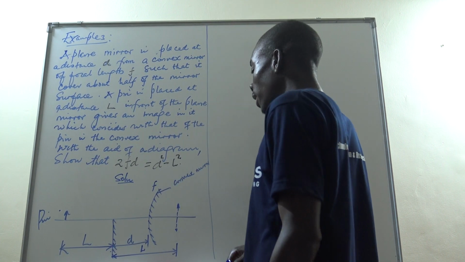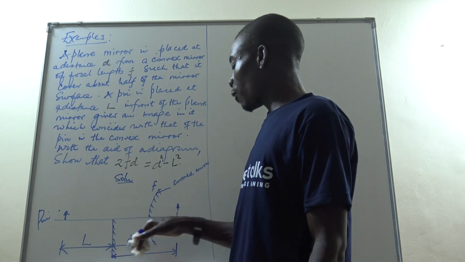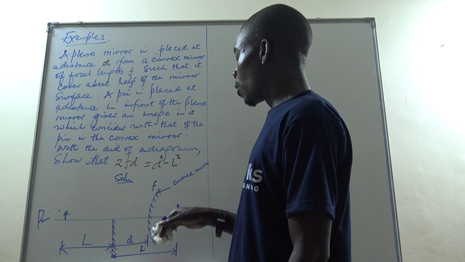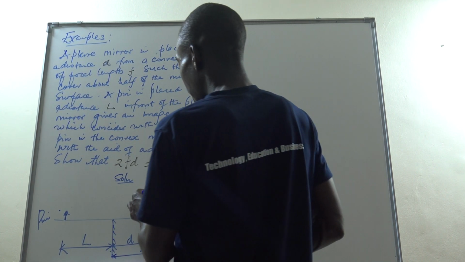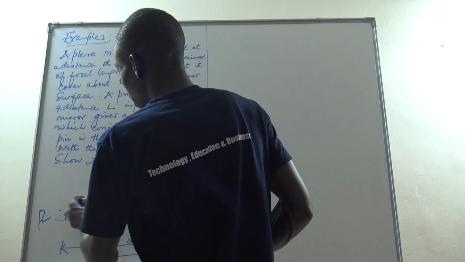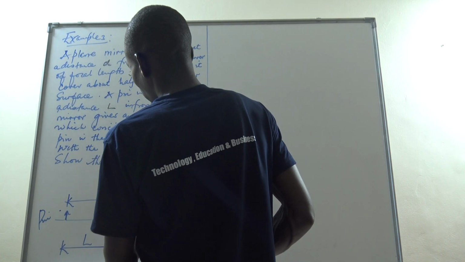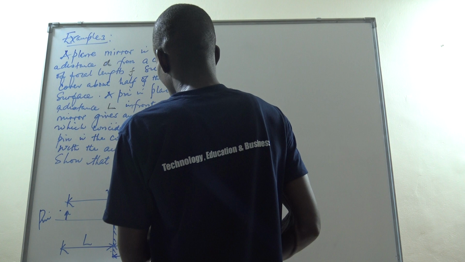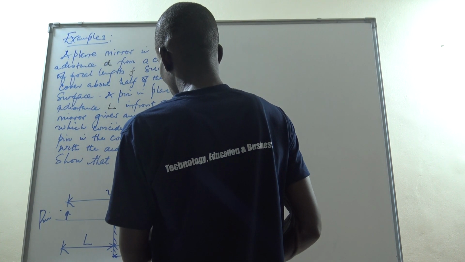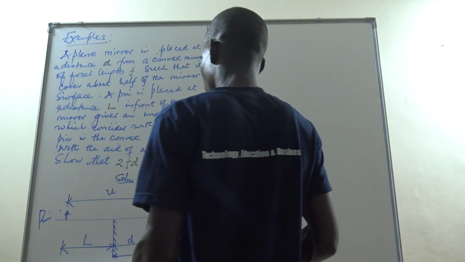If it is coinciding, that means that if the plane mirror forms it here, even the convex mirror will form it here. And as we have been saying, this one therefore will act as our U, and this one will act as our V.